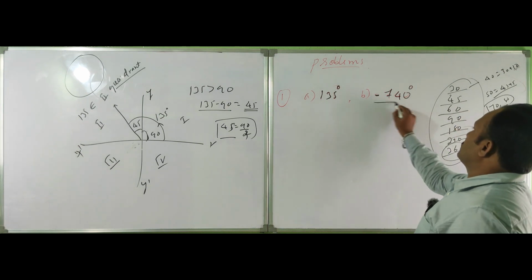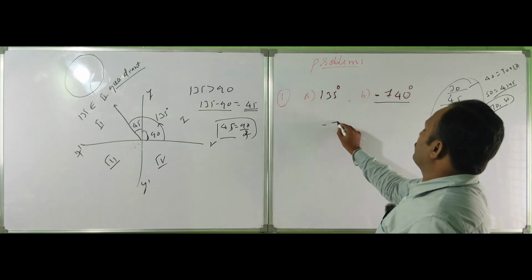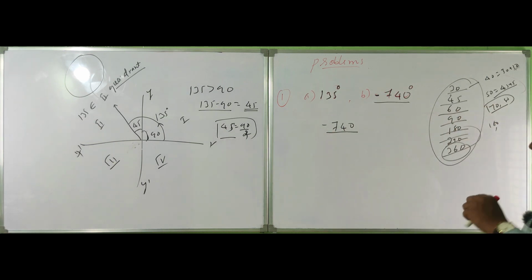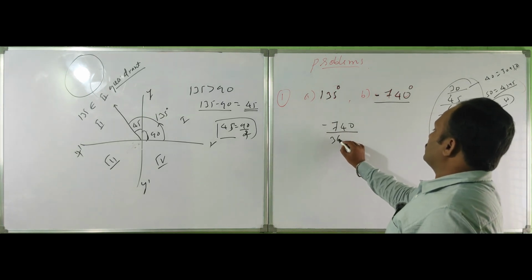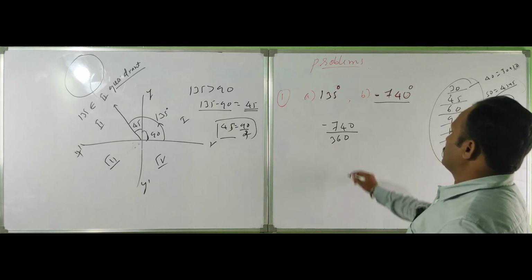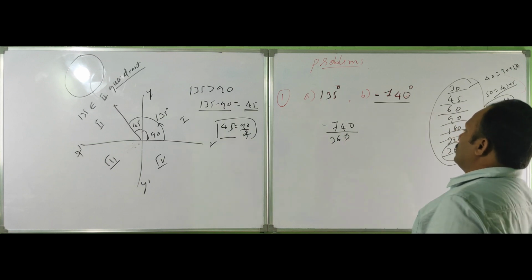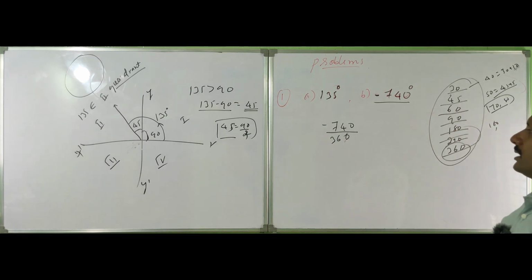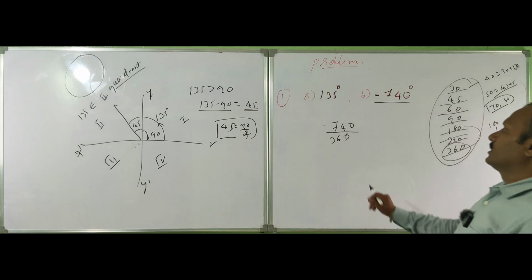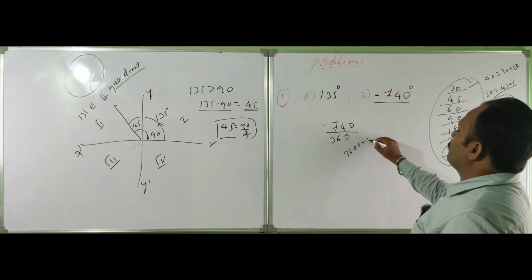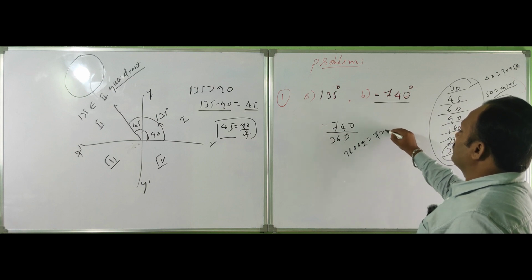This is minus 740. This is bigger than the angle 360, so what will I divide? I will divide by 360. 360 into 2 becomes 720.